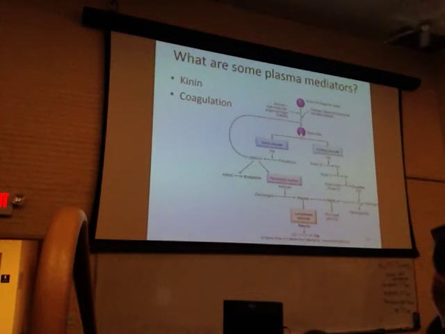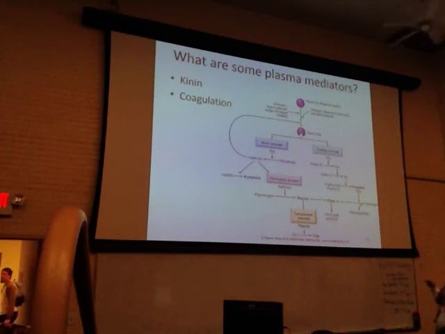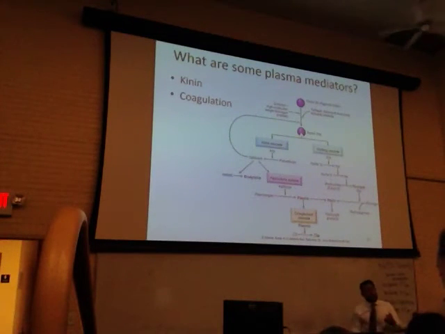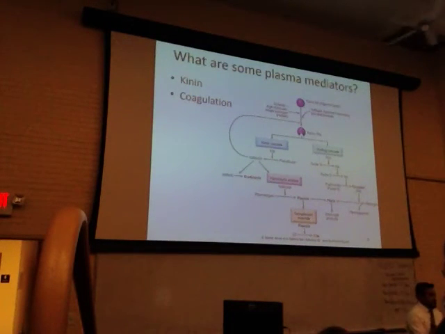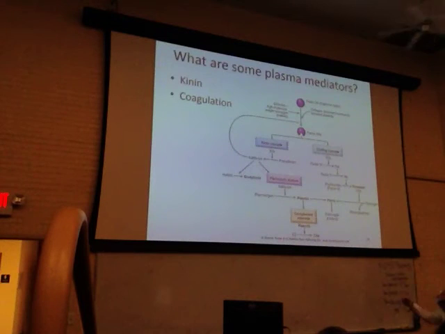So factor 12, Hageman factor, we call it a cascade because, let's do the clotting cascade first. Factor 12, otherwise known as Hageman factor, is converted to factor 12a. And it's converted and activated by platelets or by exposure to collagen, which is found in the base of the membrane. So if you nip the skin, you expose collagen to the blood. And then Hageman factor goes from 12 to 12a.